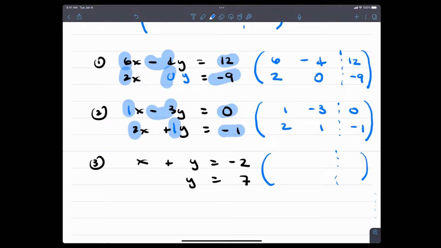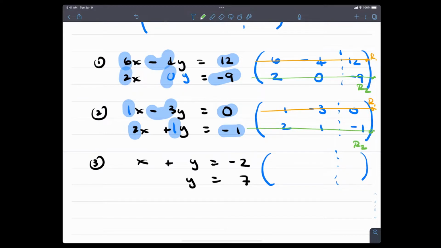These are all the coefficients. Is that true? So what'd you guys get for the last one? Isn't this row 1? And this is row 2.